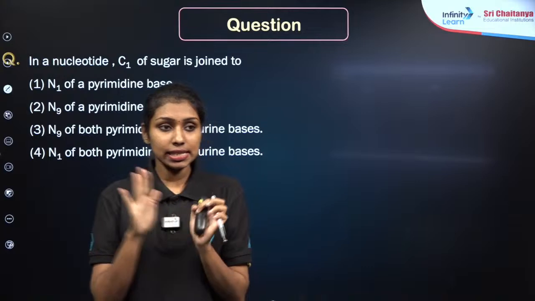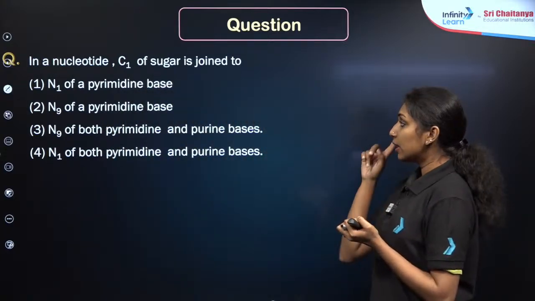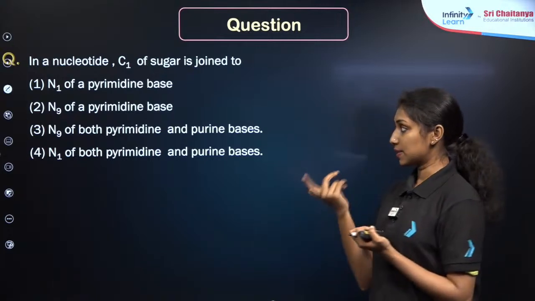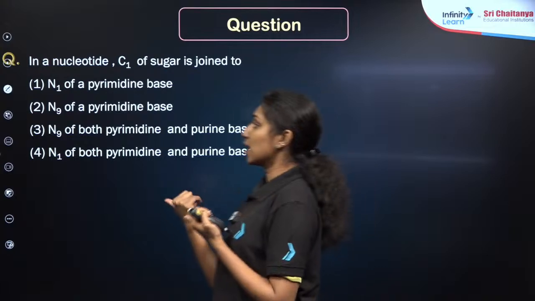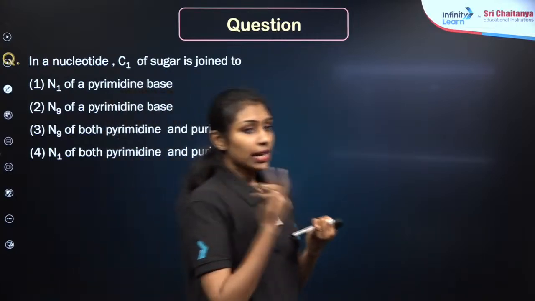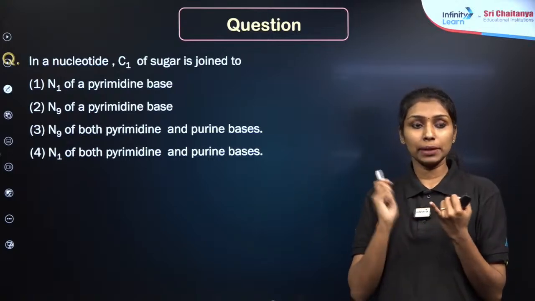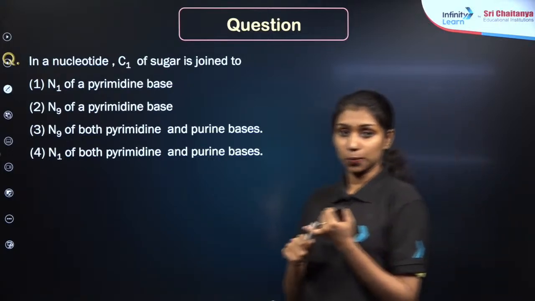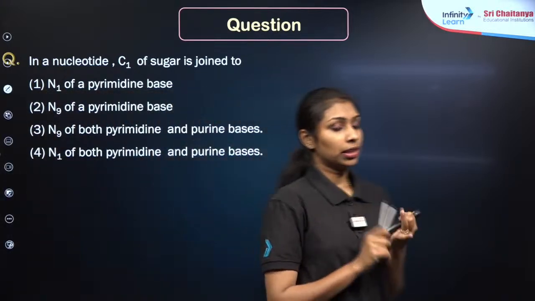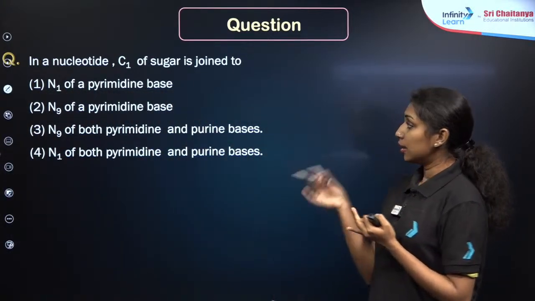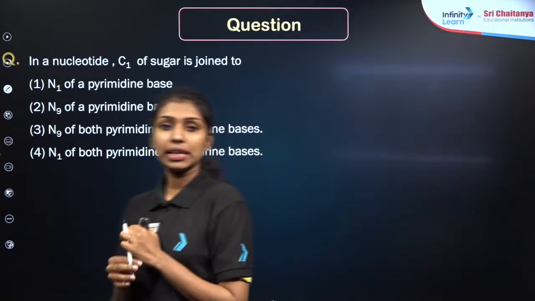We have discussed two types of nitrogenous bases, purines and pyrimidines. The glycosidic linkage is formed between the nitrogen of the nitrogenous base and the sugar. If you consider the purine, there is a particular nitrogen atom, in the first or ninth position. If you consider the pyrimidine, there is again a particular position of the nitrogen atom that combines to form the glycosidic linkage. What will be the answer here?